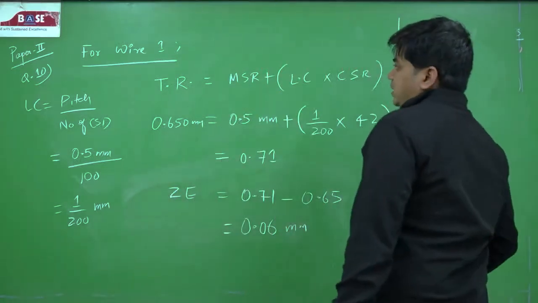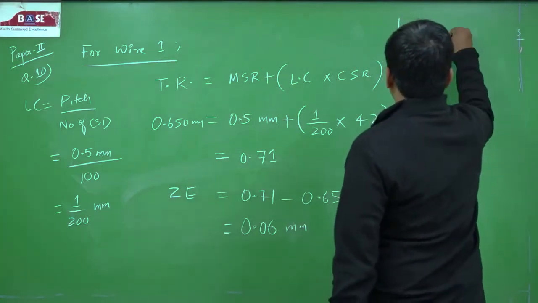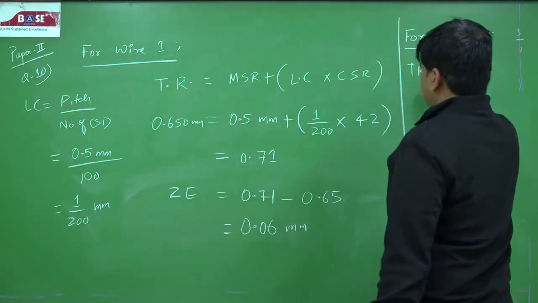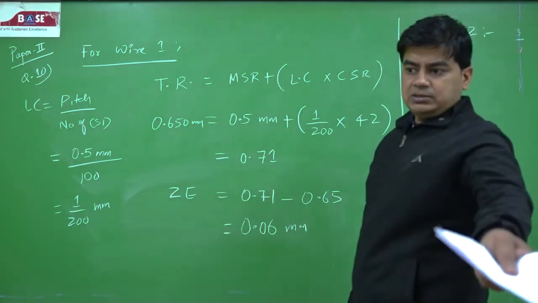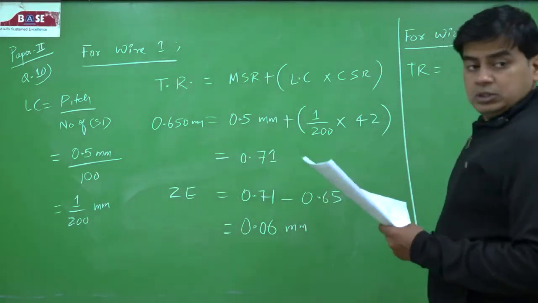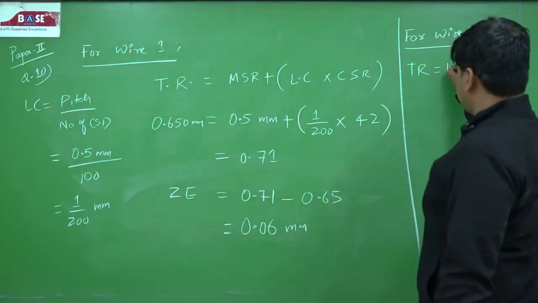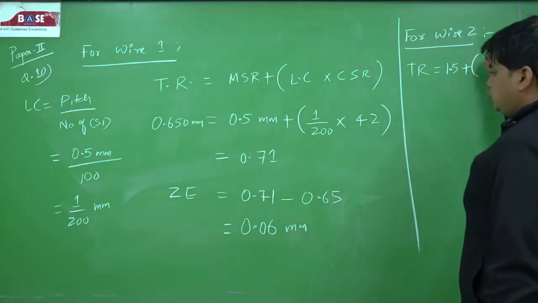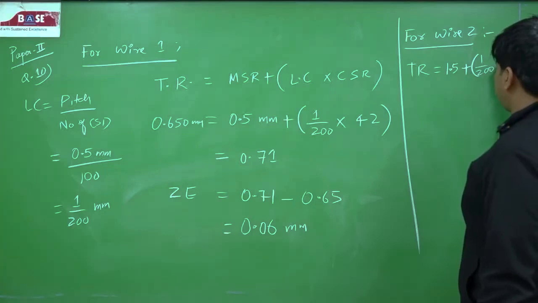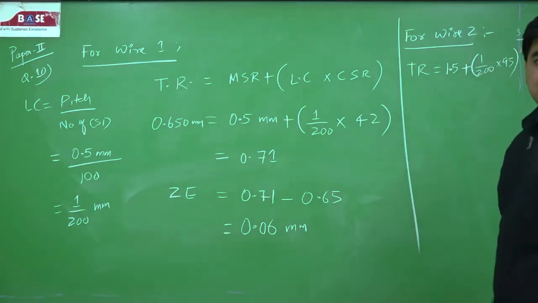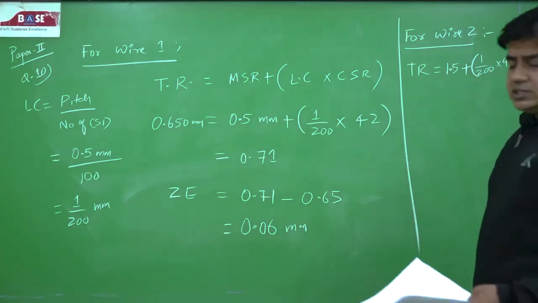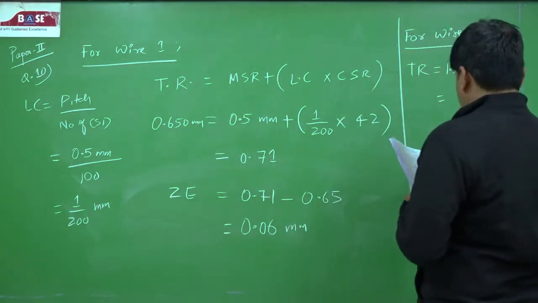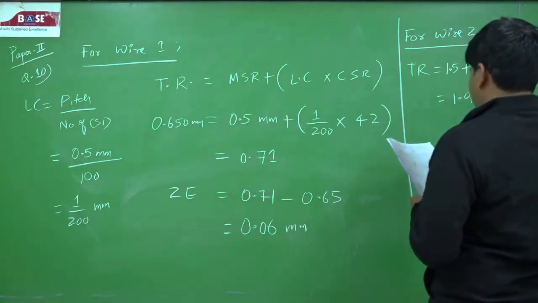Now we'll check for wire number 2. For wire 2, the total reading is 1.5 plus 1 upon 200 multiplied by 95, where 95 is the circular scale reading. When you simplify this, the value you get is 1.975.